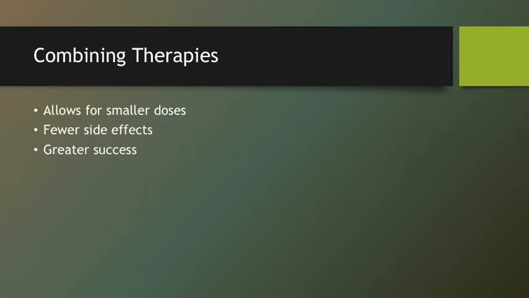Combining therapies, combining radiation, chemo, and biologic modifiers allows for smaller doses of the toxic drugs and the toxic radiation. And it decreases the incidence or the severity of the side effects, and it's much more successful in treating cancers and sending somebody into remission or curing them.